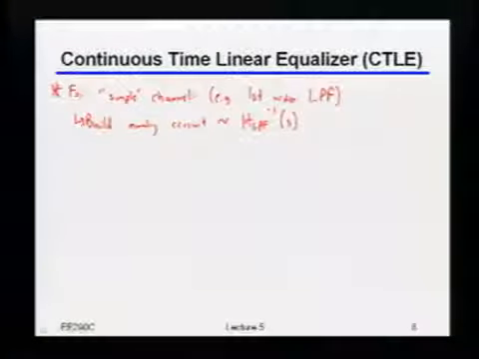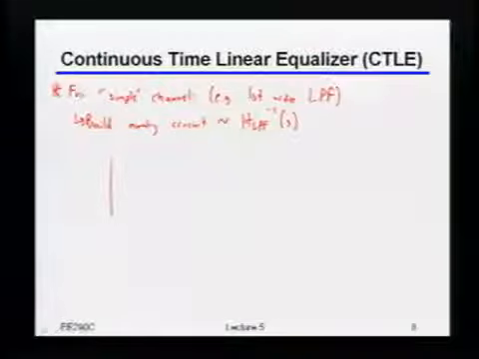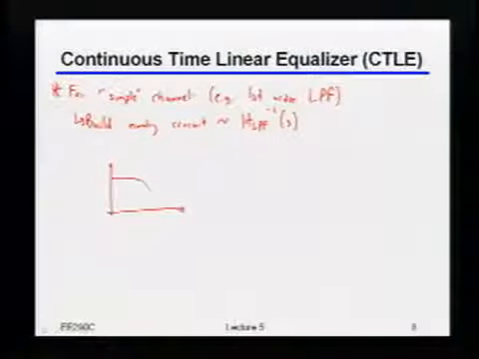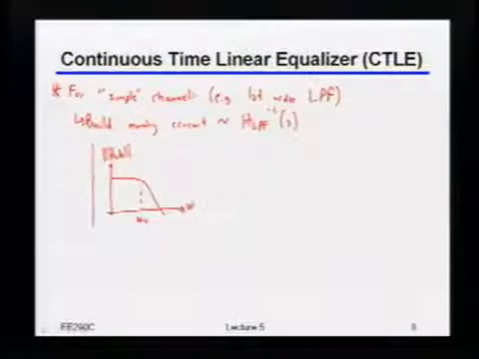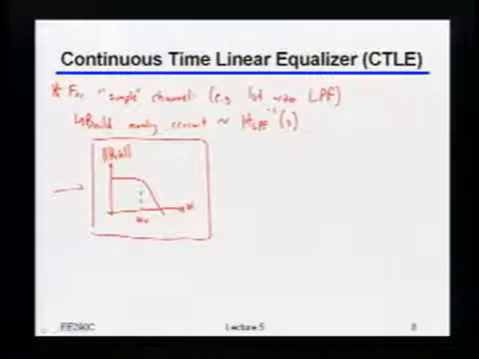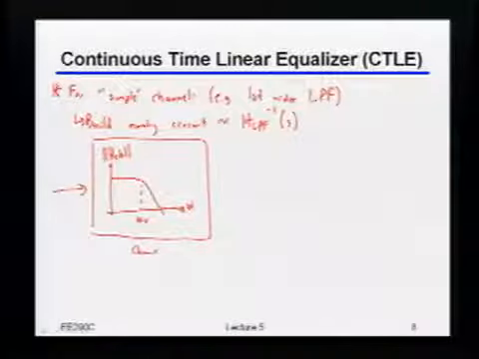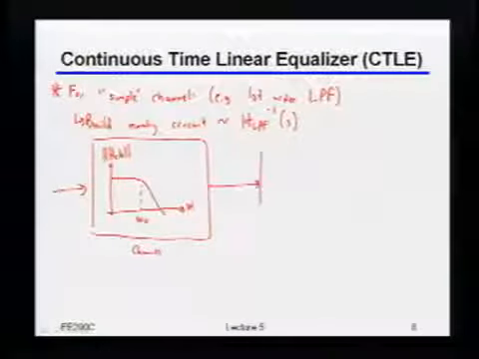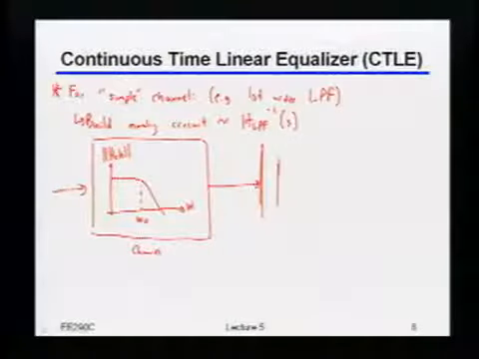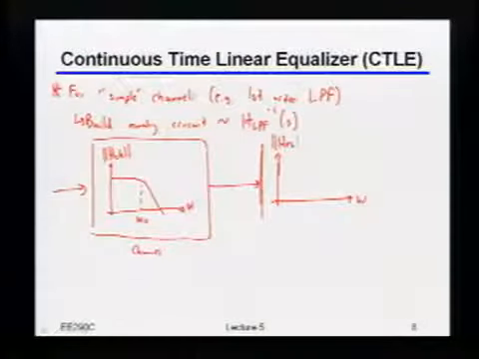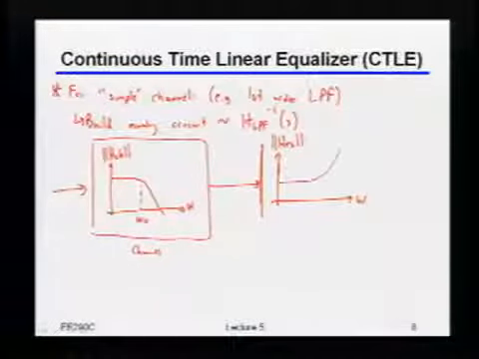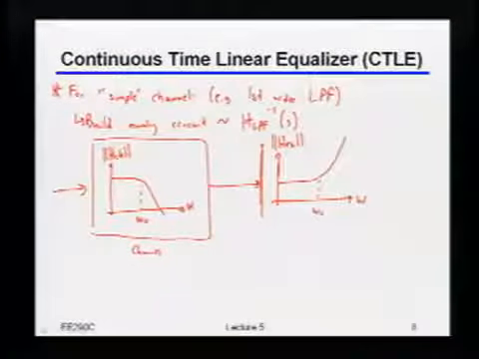Right? So in other words, to be very specific, all I'm saying is that if my channel looks something like this, where let's say there's some omega naught here that things start rolling off, and that's the magnitude of my channel, right? If I basically take my signal and I pass it through that channel, and then I pass it through something that looks like the inverse of that channel, so this is now going to be my equalizer response. Of course, that's going to look something like this, where again, this is that omega naught.